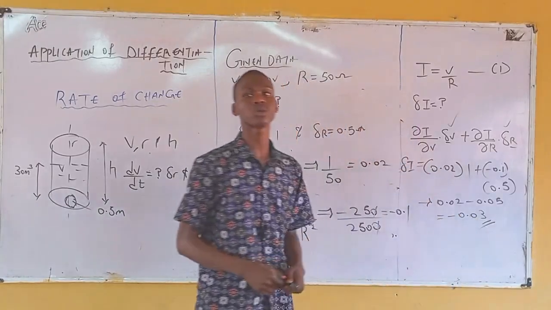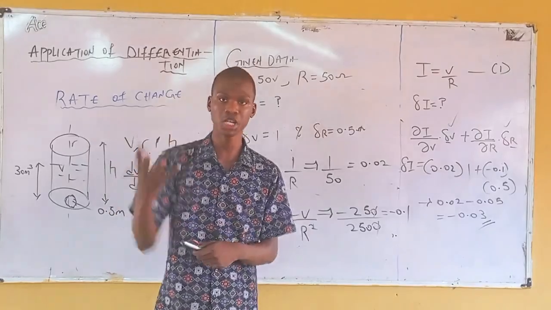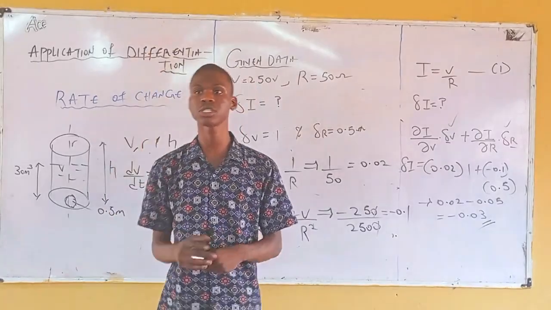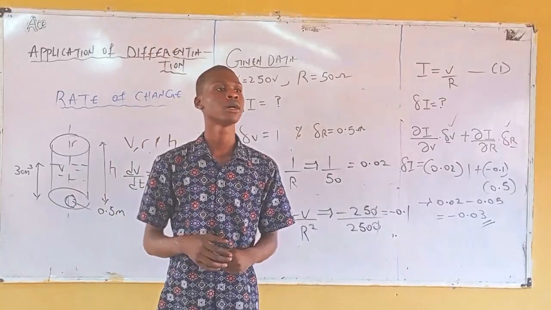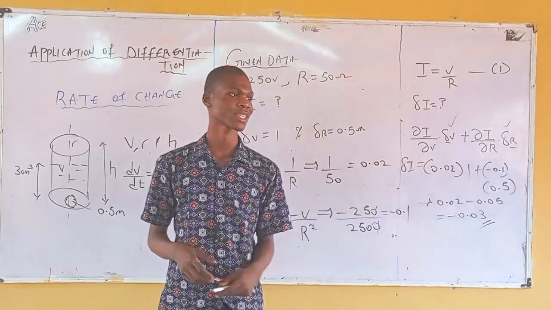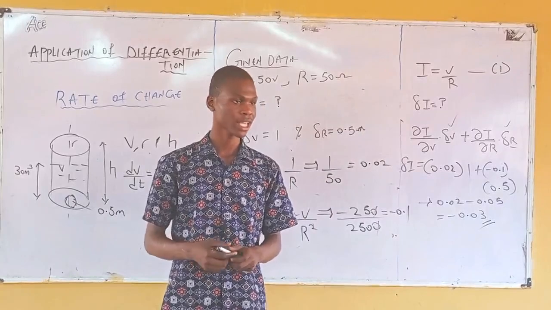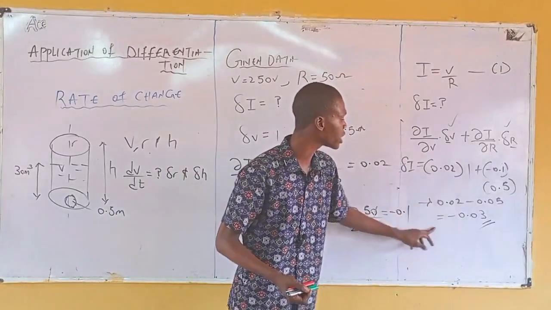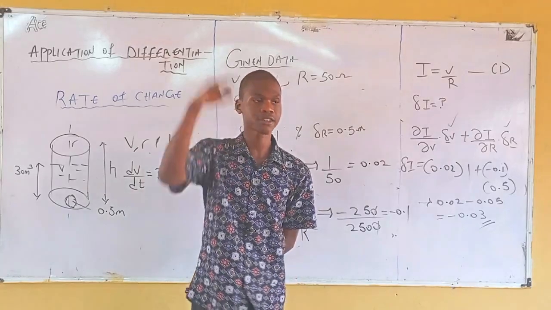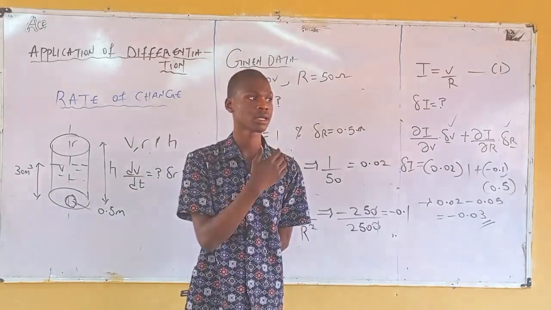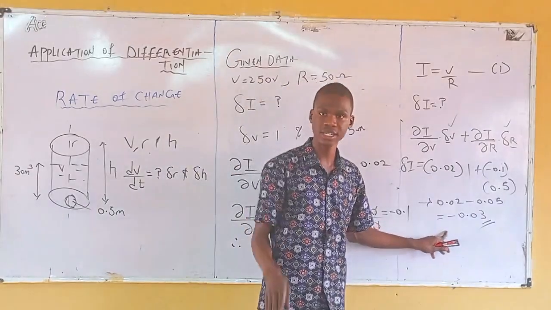Now answer that question. The rate at which I is changing, is it increasing or decreasing? Decreasing. Why is it decreasing? Because what? From there, what we got here, we got negative 0.03. Now my question is, is I increasing or decreasing? Decreasing. Yes. This negative shows that I is decreasing.